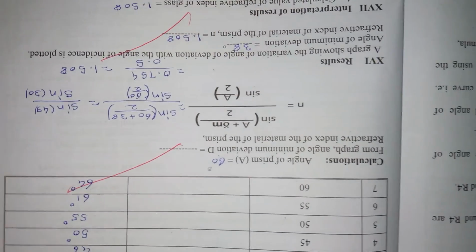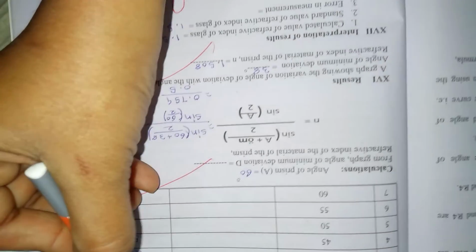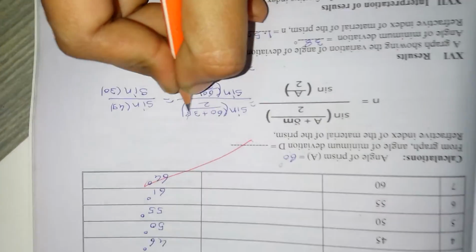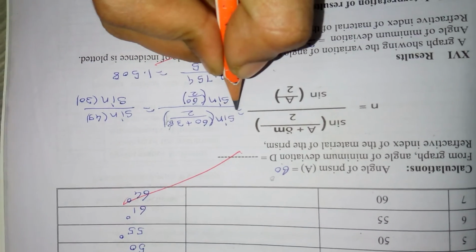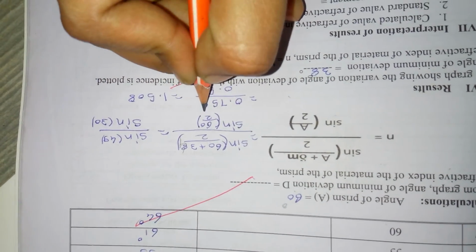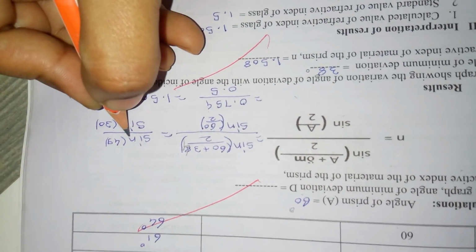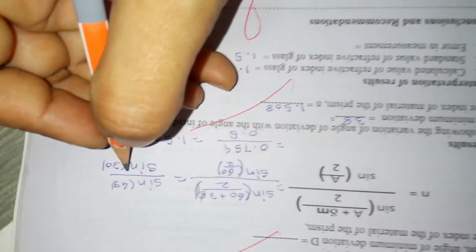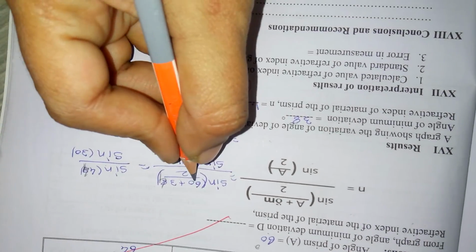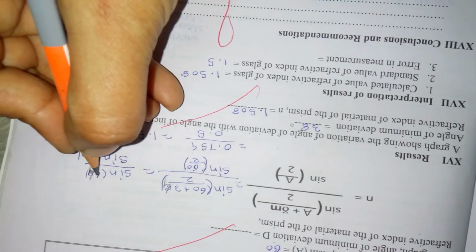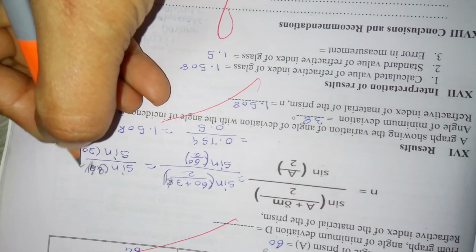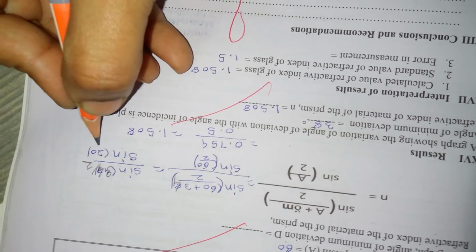For this first calculation we take value of delta m as 34, then we get sin of (60 plus 34) upon 2 upon sin 60 upon 2, that is sin of 94 upon 2 upon sin 30.